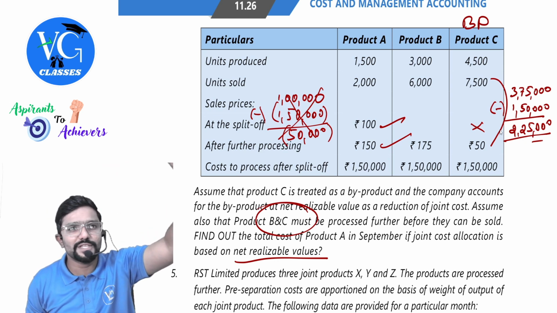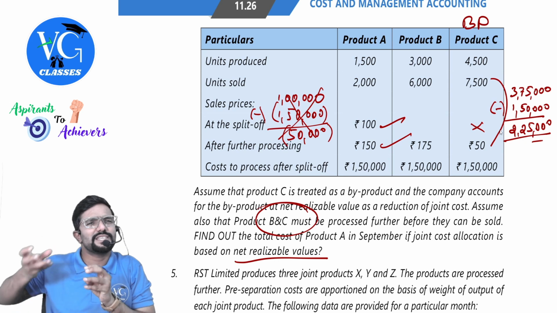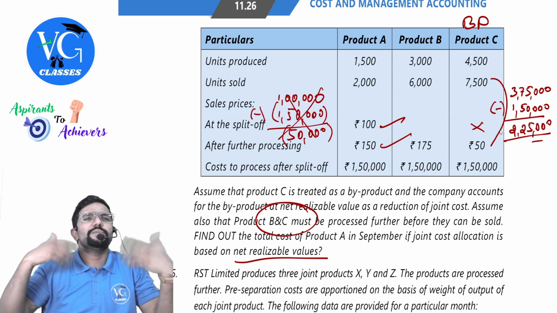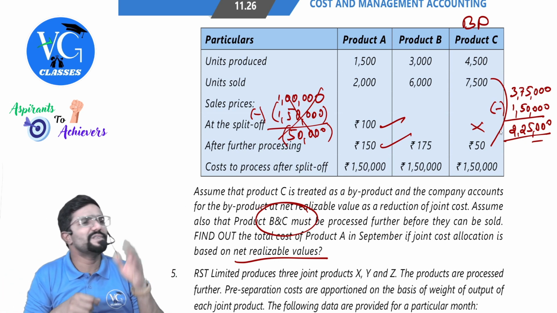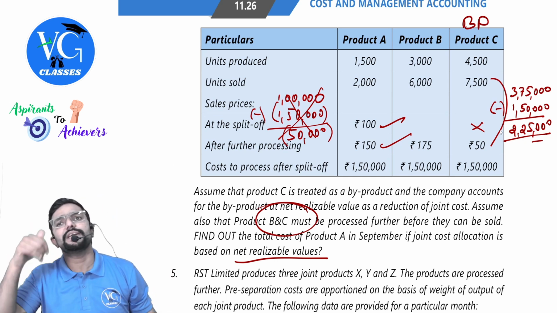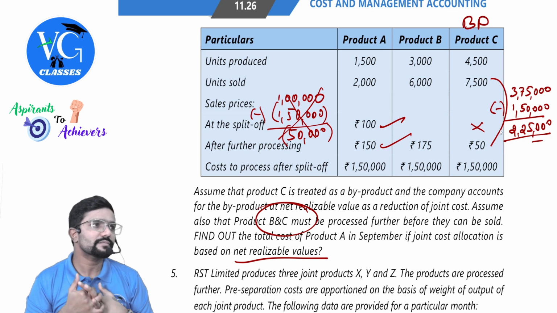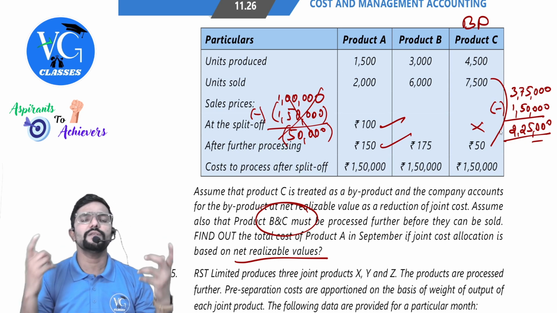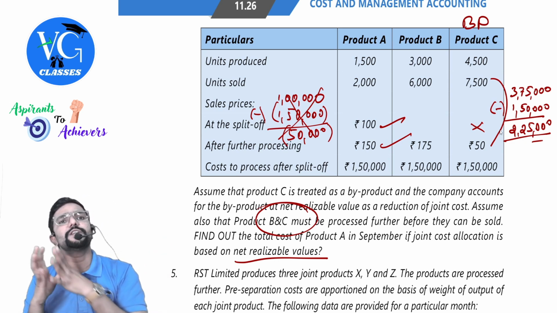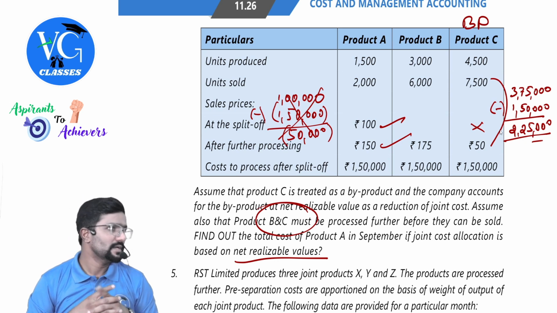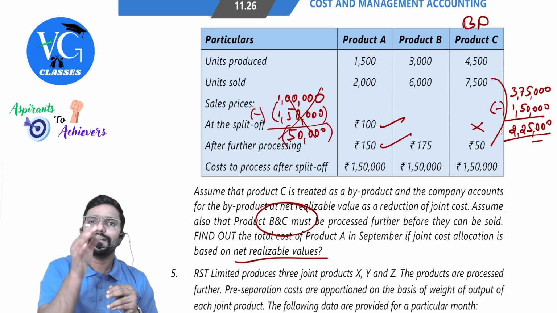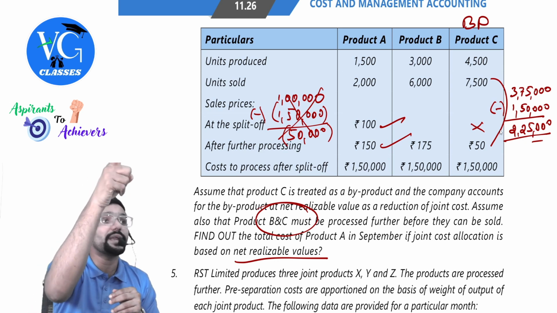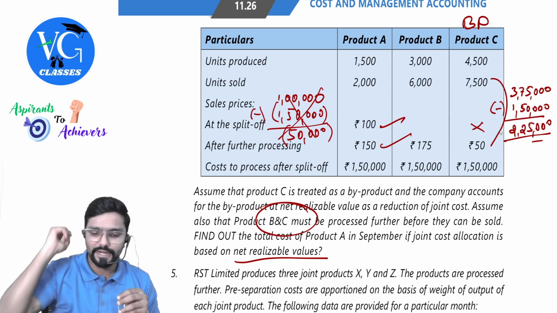Using that, we used to apportion the joint cost. Later, they used to ask in sub question 2 or 3, what should be our decision? What will you advise? Should we sell at split off point or after further processing? In those situations, we used to always take the sale value after further processing if it is available. But now we have to take what? Sale value at split off point for product A. Product A, guys.